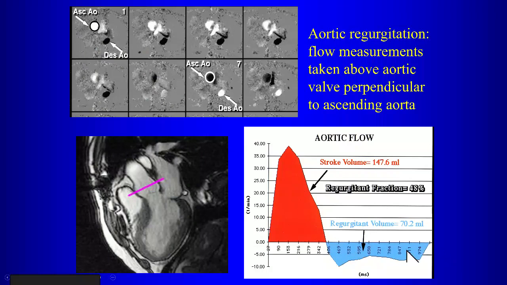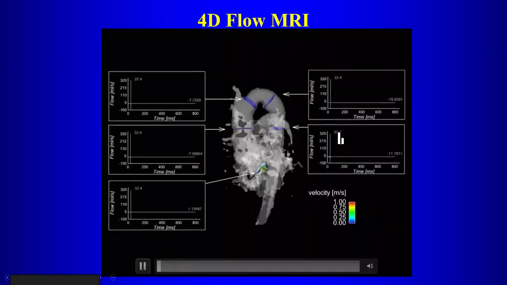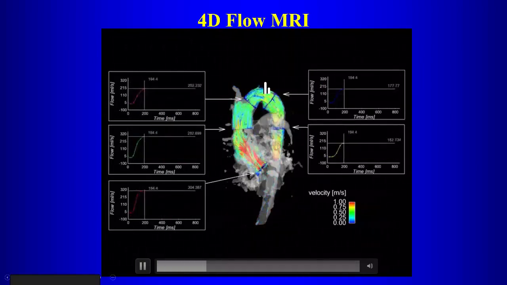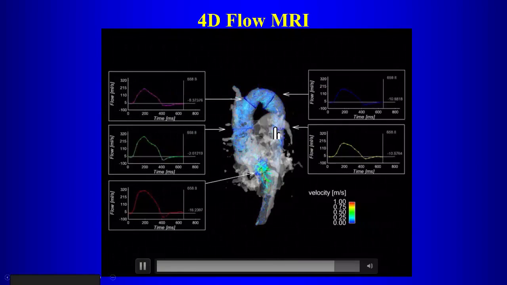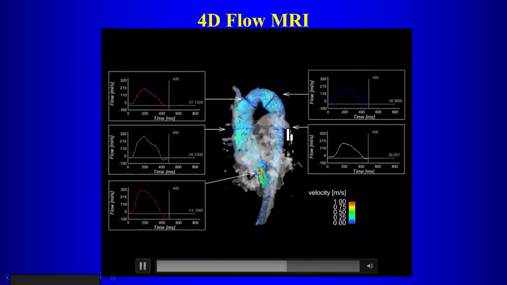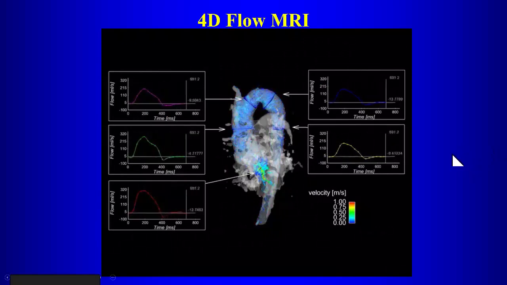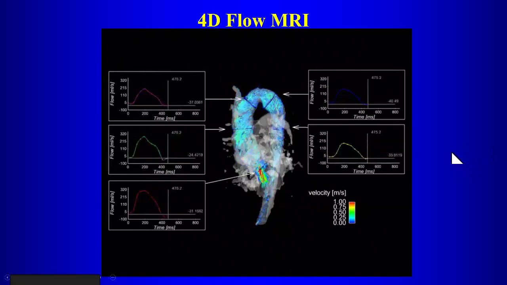So you can measure that regurgitant flow, and you can assess the severity of aortic regurgitation with phase contrast MR. And then with 4D flow, you acquire a whole volume, and then you can go back and measure anywhere you want to determine what the flow is through the various vessels that you've incorporated here in your 3D volume.